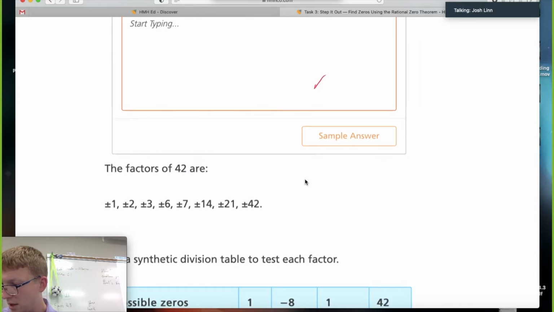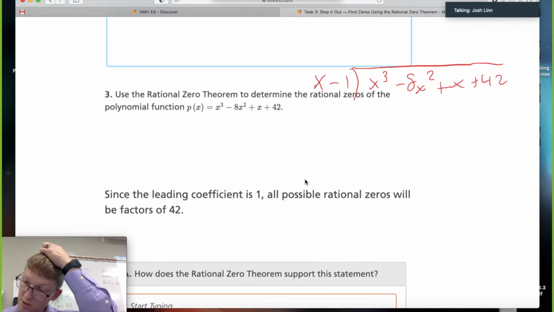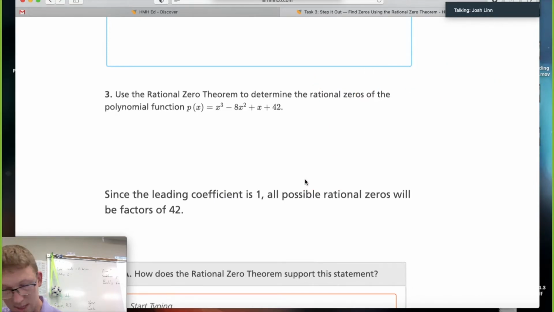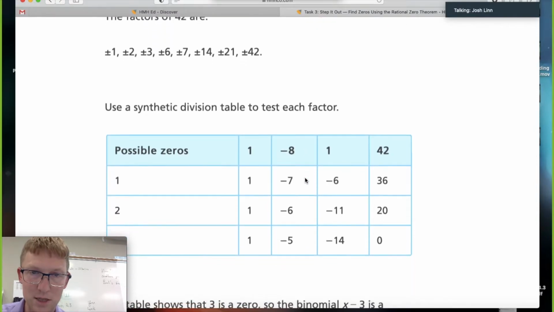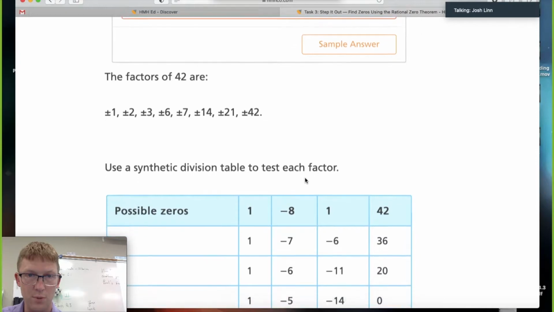So it's going to be x minus 1, x cubed minus 8x squared plus x plus 42. We're going to do that for every single one. So for x minus 1, x plus 1, x minus 2, x plus 2. Now that could start taking a long time. So that's why we did so much practice with the synthetic division. We can go through that pretty quick.